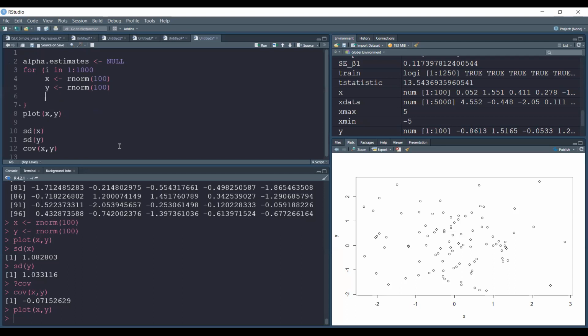We don't need to use i inside the loop. As long as I don't set a seed, we will have 100 different X simulations and Y simulations each time.